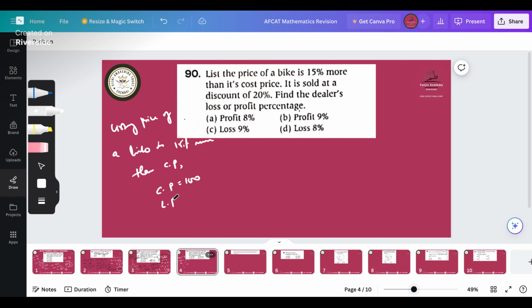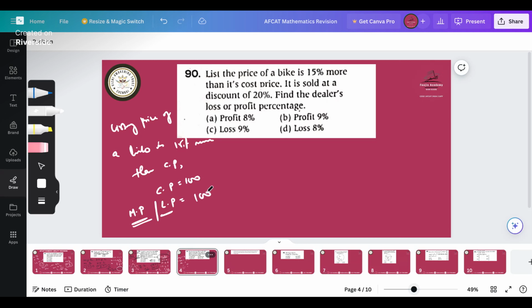Then the list price, or marked price. Whenever you go to a mall or a shop, you will see a tag, and over and above that, they will give you a discount, like 10% or 20%. So the listing price or marked price here is 15% more than its cost price.